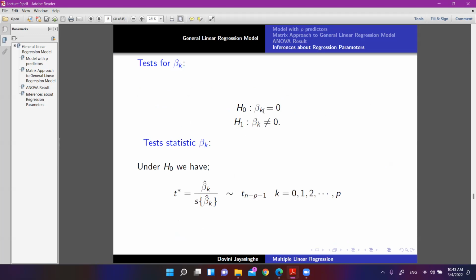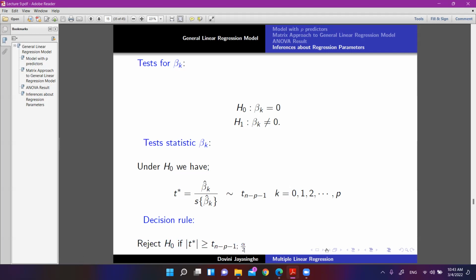If you want to check whether the intercept term is significant, so beta naught is equal to 0 versus beta naught is not equal to 0, by the variance covariance matrix you can read this term. You know the estimated value of beta naught hat. Same thing, you perform the t-test and this is the decision rule.